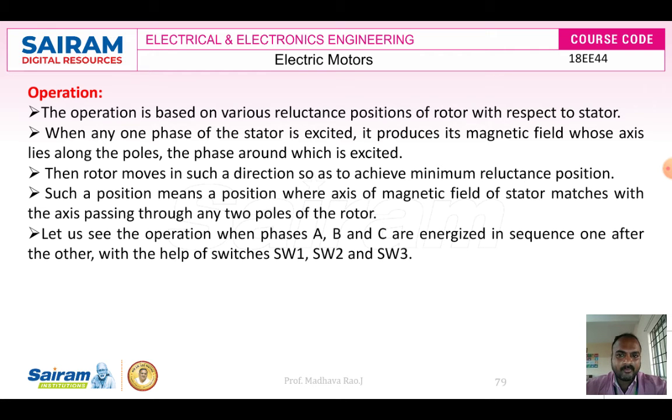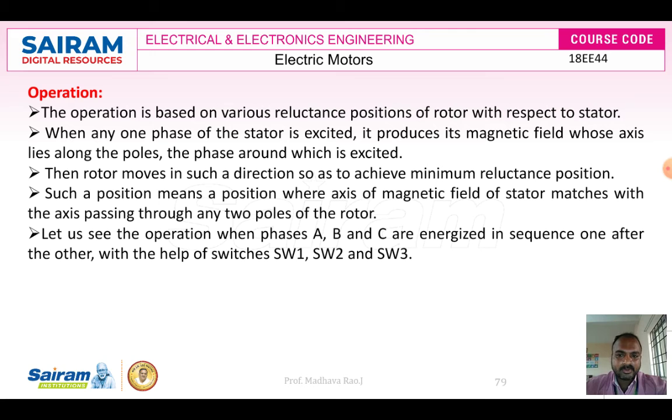When any one phase of the stator is excited, it produces a magnetic field whose axis lies along the poles. According to Faraday's law of electromagnetic induction, the stator winding will produce magnetic flux, and due to that the stepper motor is excited.